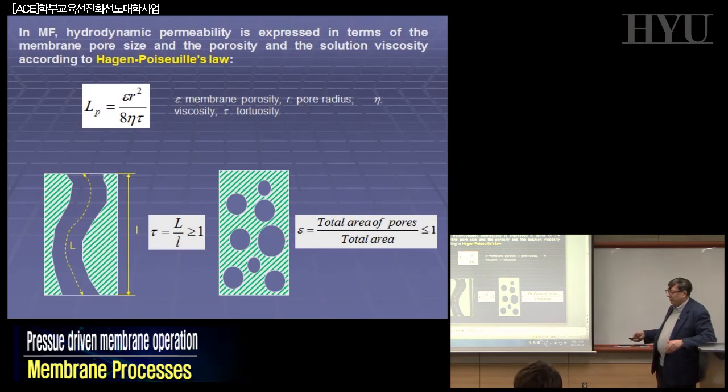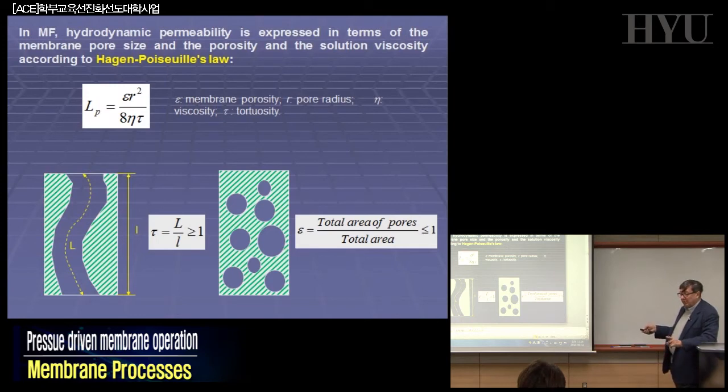Tortuosity means that the pores are not all parallel and regular in most parts of the membranes, and this tortuosity is related to the morphology of the system. It is the thickness L divided by the real thickness, which means in one case the total thickness is the small L, but the real path can be a little bit longer than L.